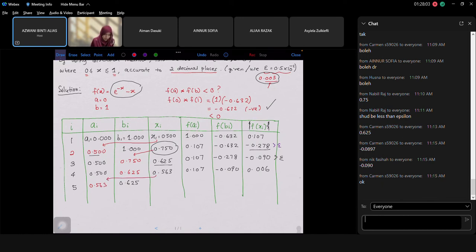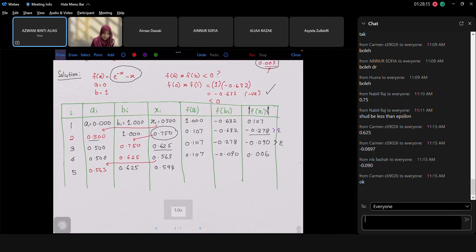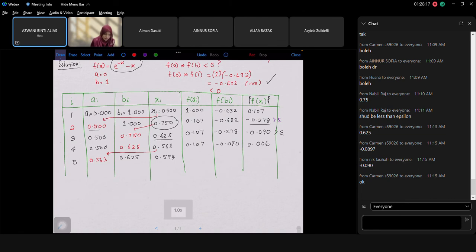So you have to find a new midpoint. Okay, dapat tak ikut? Okay, FA pun berubah dah. You akan dapat 0.006. FB sama. And then the new FX. Ganti nilai.